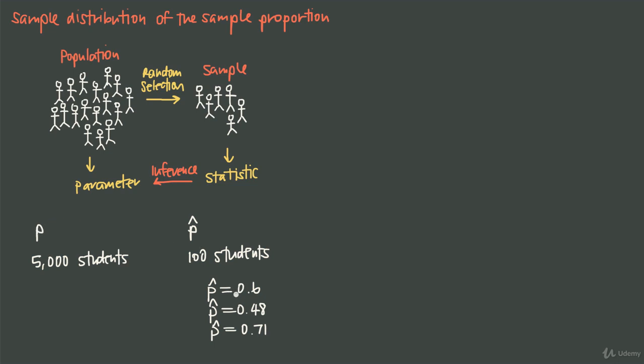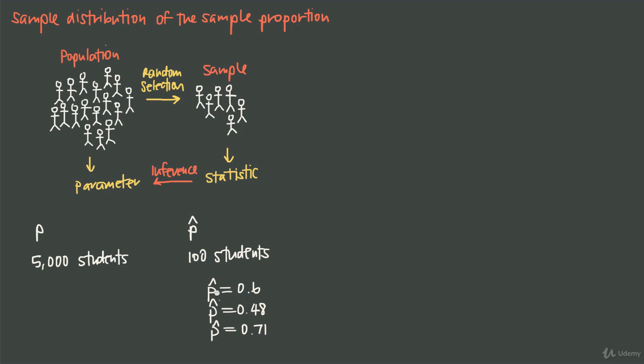Well, what we do is we take more and more samples, and as we take those samples, we're going to come up with lots and lots of values for P hat. When we take all of those values for P hat and we consider them all together, what we're going to get is the sampling distribution of the sample proportion.